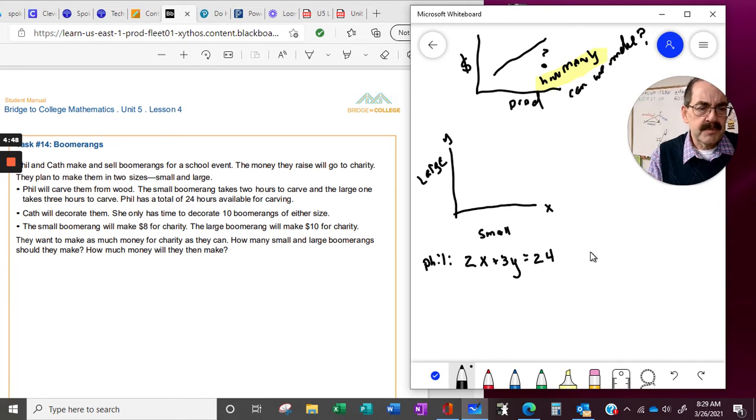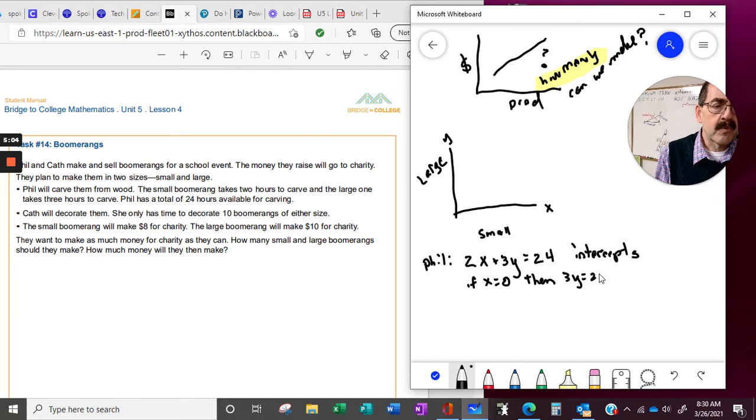The intercepts. If x equals 0, 3y is 24. Divide by 3, divide by 3, y is 8. So y is 8: 1, 2, 3, 4, 5, 6, 7, 8. We'll put a big old red dot right there.